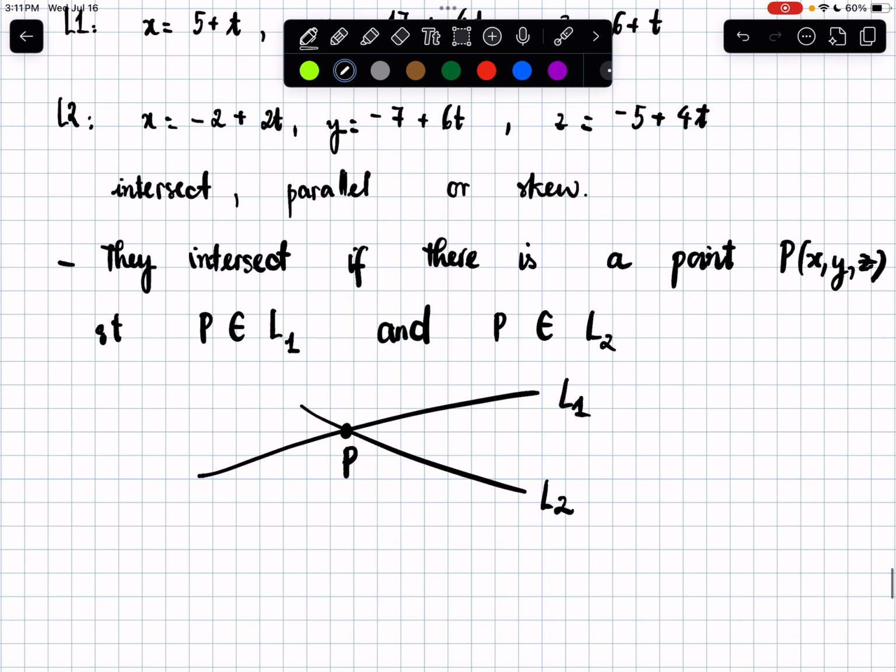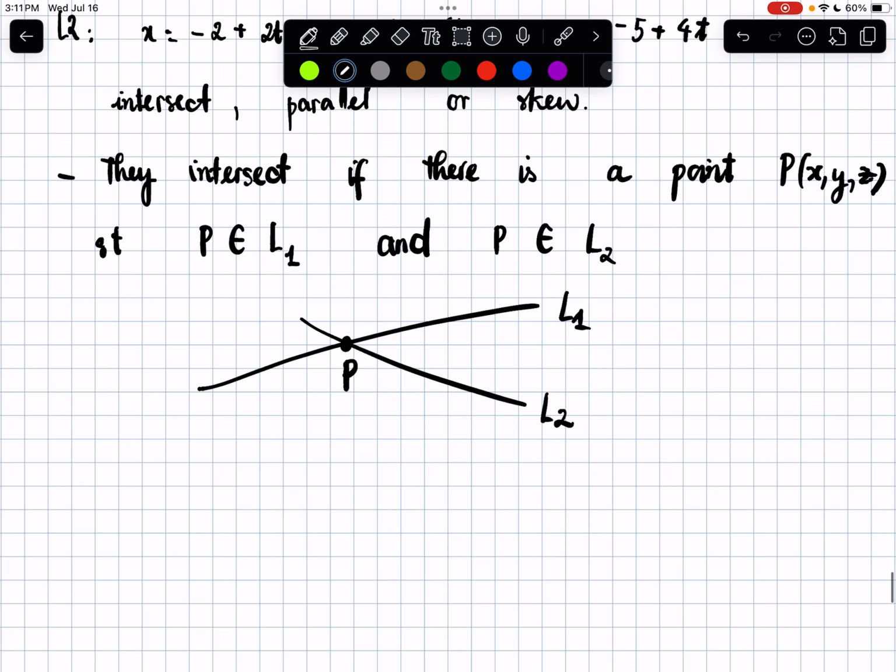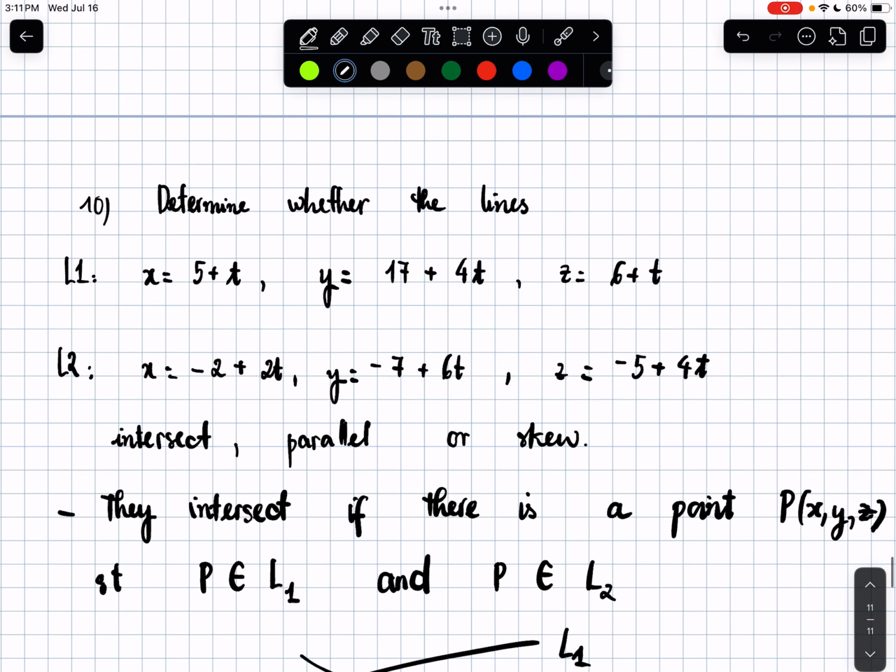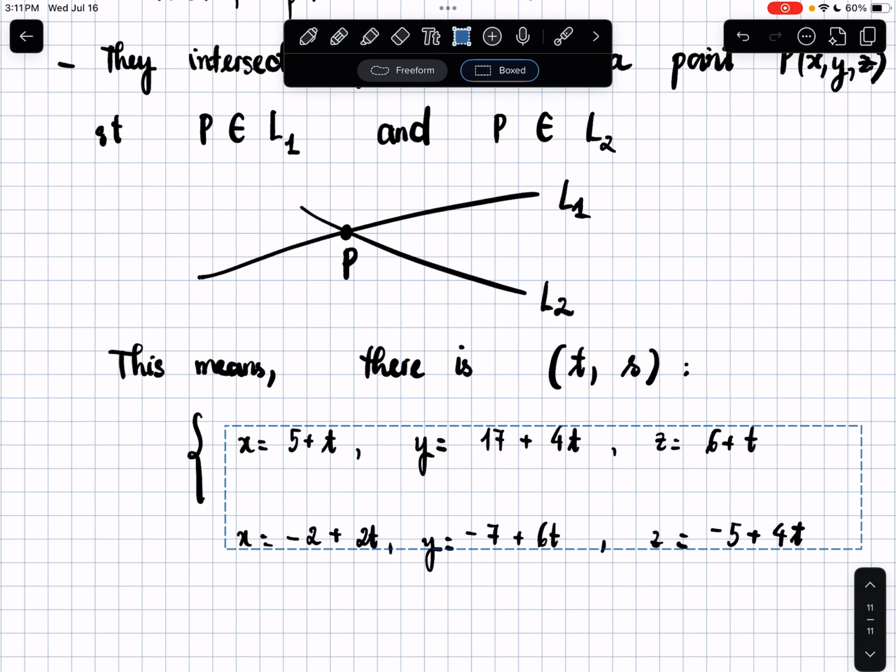So in terms of the parameter, this means there is, say, parameter T for line 1 and parameter S for line 2 such that the system of equations of line 1 and line 2 both are satisfied.